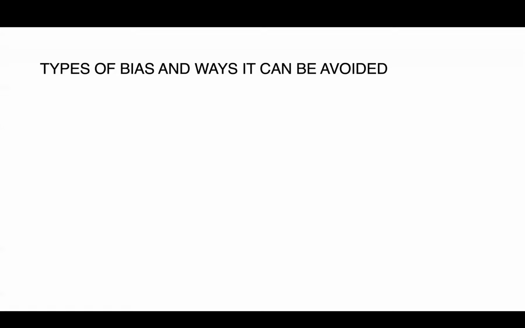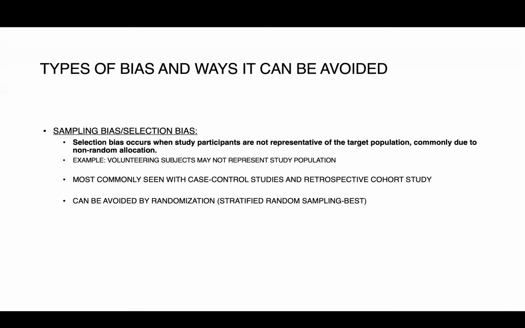Now the types of bias and the ways they can be avoided. The first and foremost is sampling bias or selection bias. Selection bias occurs when study participants are not representative of the target population, commonly due to non-random allocation. Many a times, volunteering subjects may be taken into the study, but they may not represent the study population.